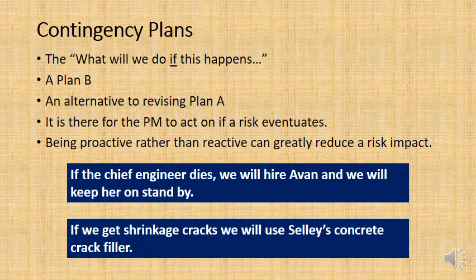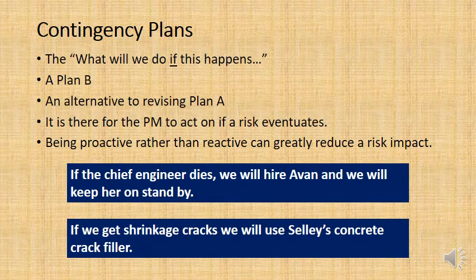Let's say we have a plan in place where if the chief engineer dies, we're going to hire Yvonne. Now, Yvonne is not currently part of the project team. She's a standalone engineer working on different projects, but we say we're going to hire Yvonne to replace the chief engineer, and she's a great engineer. She'll know what to do. And what we'll also do is maybe keep her on standby.